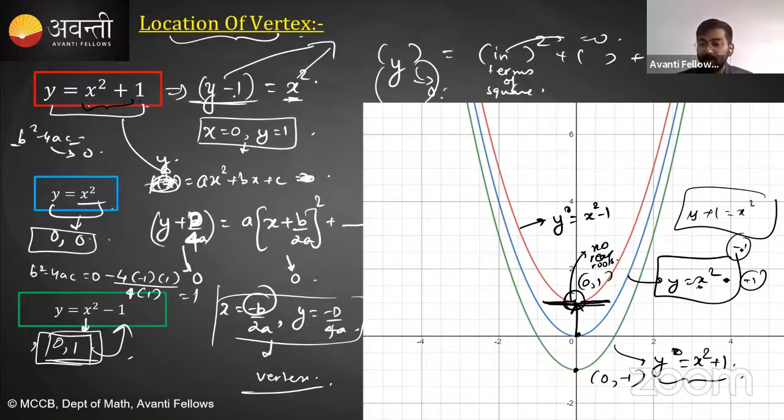When you do minus 1 with the x square, for that same x you are getting one more y. So that is why when you subtract a constant, y equals x square minus c, the graph moves c units upward, and when you add the constant, y equals x square plus c, the graph moves c units downwards, the entire graph.